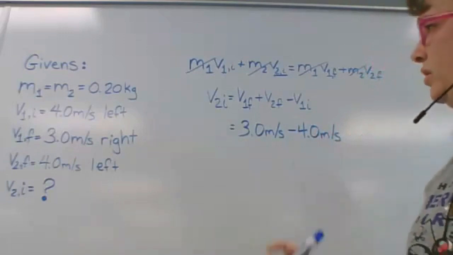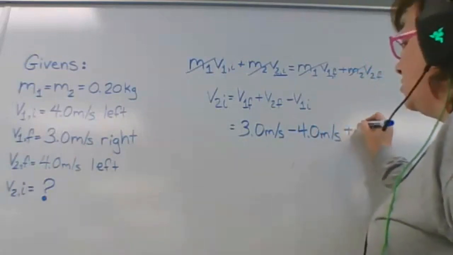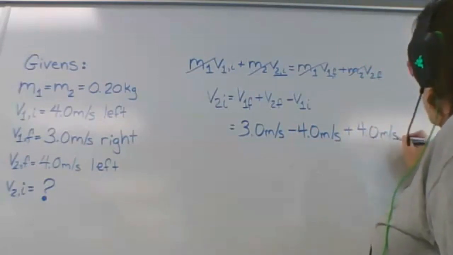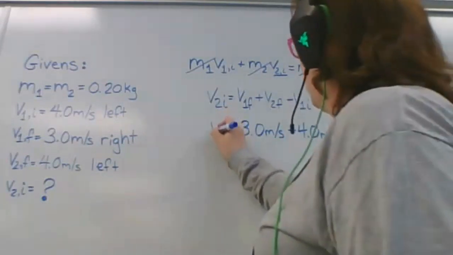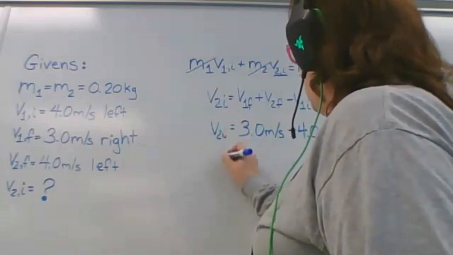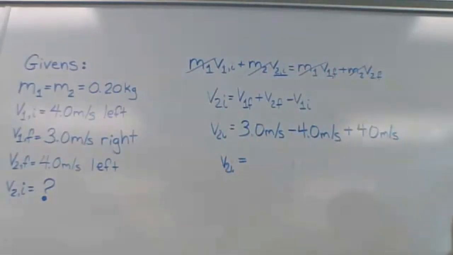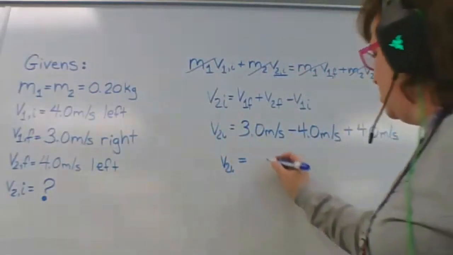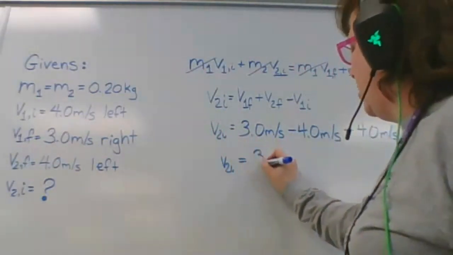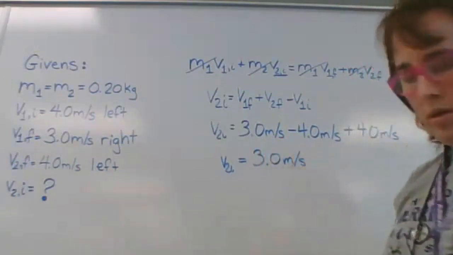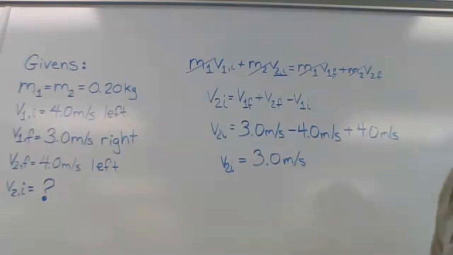And my V1 initial is positive 4.0 meters per second. So when I calculate all of that, I get V2 initial to be 3.0 meters per second, and it is moving to the right.